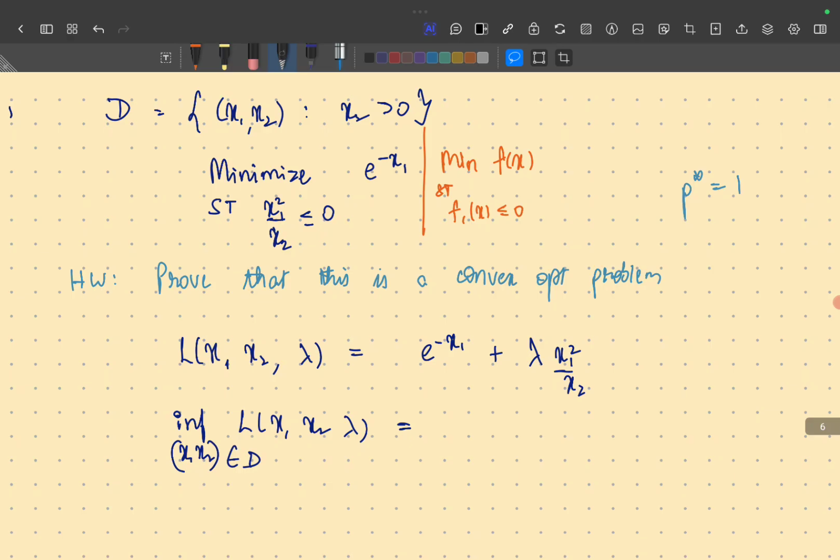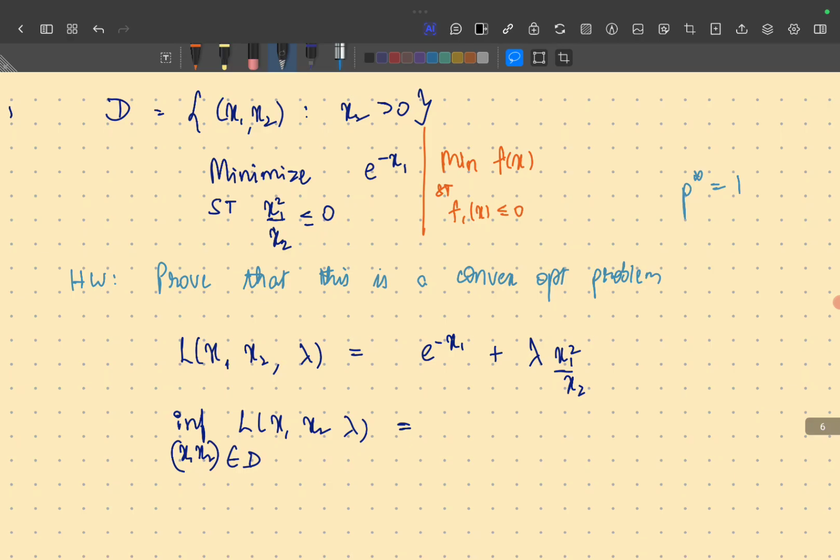So by setting the gradient equal to 0, you can find local minima that are interior points. Here, the interior is the entire region x2 greater than 0.